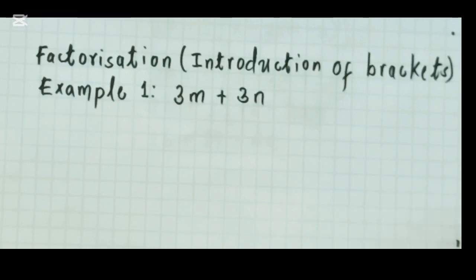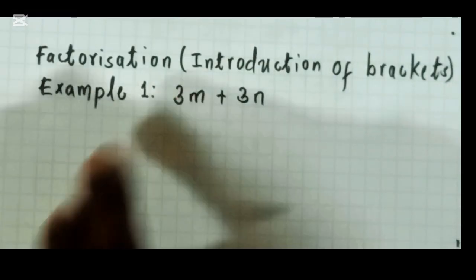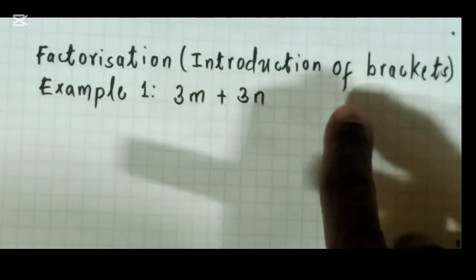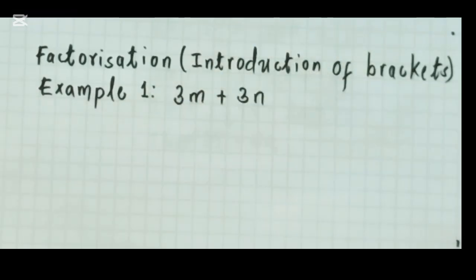I want you to notice how we use common factors to introduce brackets or to factorize this particular expression. Look at this expression and notice that 3m and 3n have a common factor, and that is 3. 3 can divide 3m and can also divide 3n.